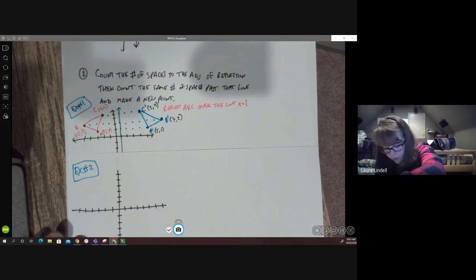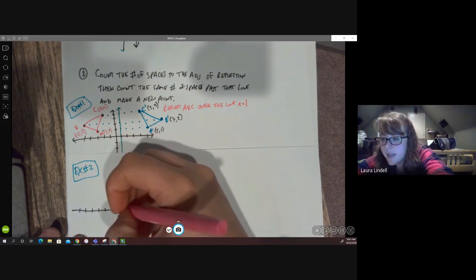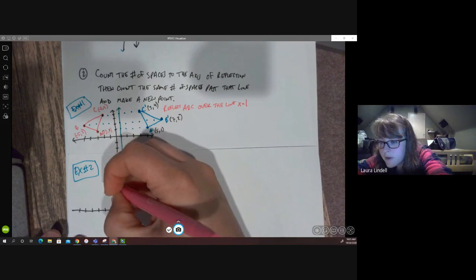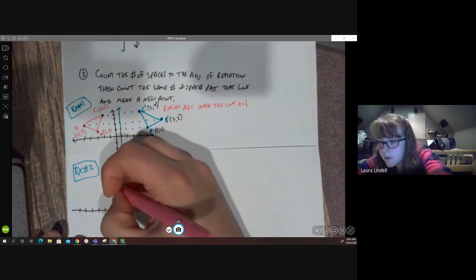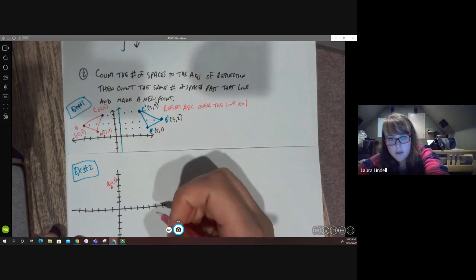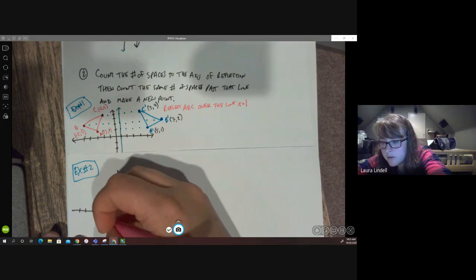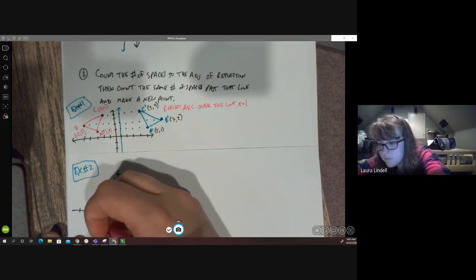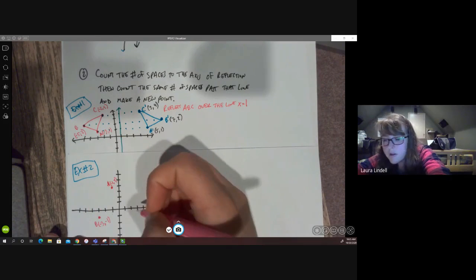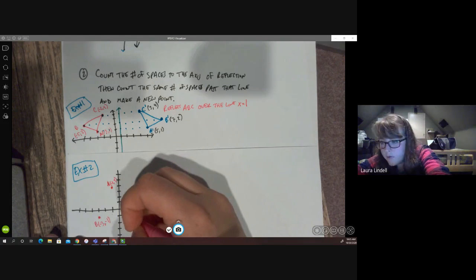Okay. So this time, we're going to start with our original shape at, we'll go, A is -1, 4. And then B is going to be -3, -1. C is going to be at 1, -1.